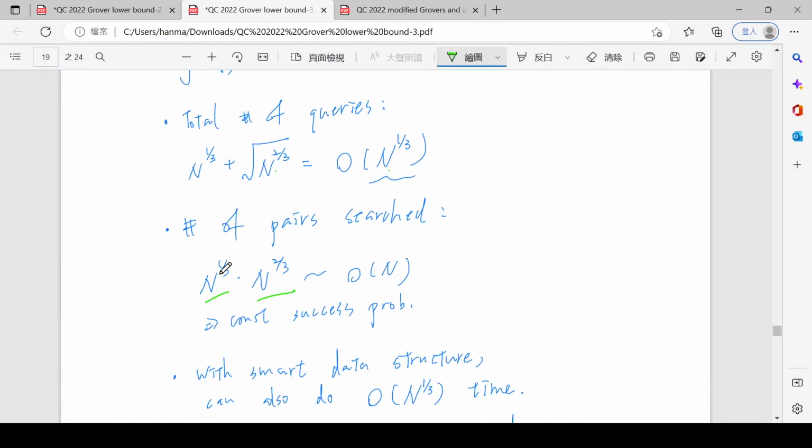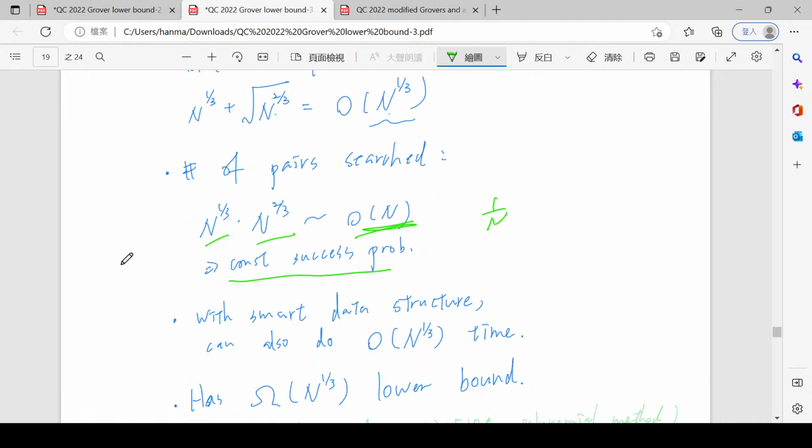So the number of pairs we search through is order n, and so we can run an argument similar to the birthday attack, saying that we have seen through order n pairs, and each pair has 1/n probability of being a collision. So we have a constant probability of seeing a collision. Okay, so that's the query complexity.